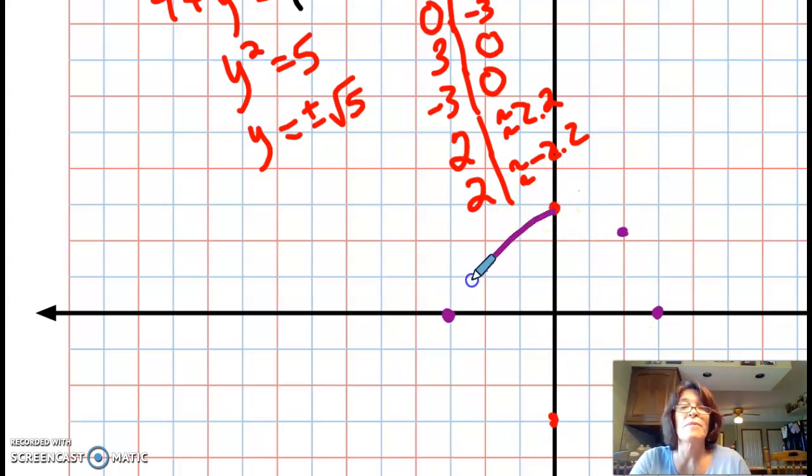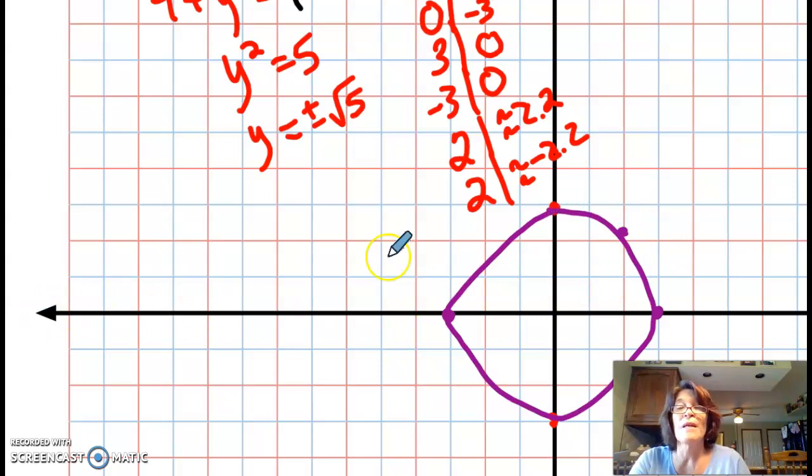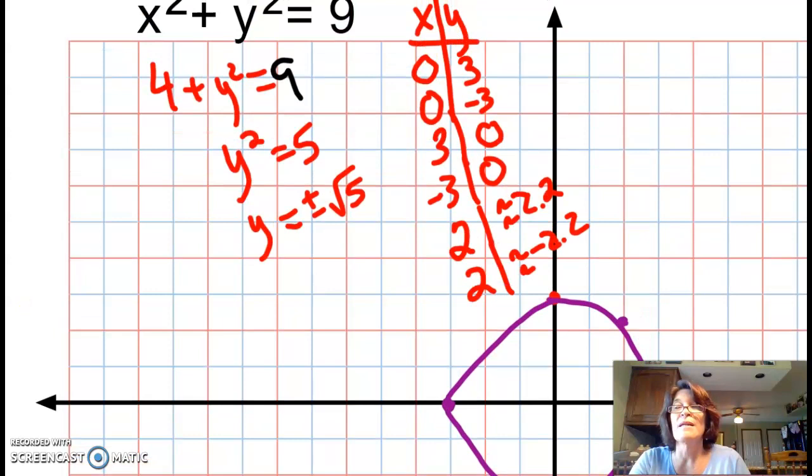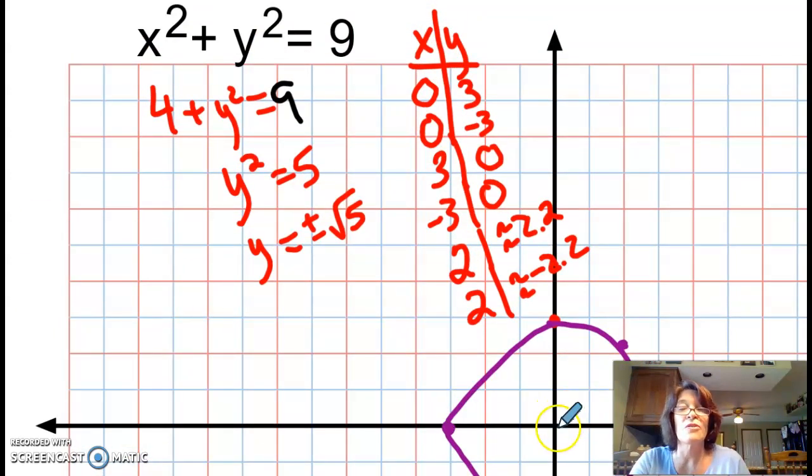If I would plot all the points such that x squared plus y squared equals 9, I'd get a circle. The center of this circle is at 0, 0, and the radius of the circle is 3.